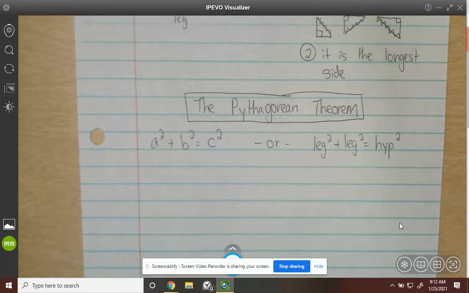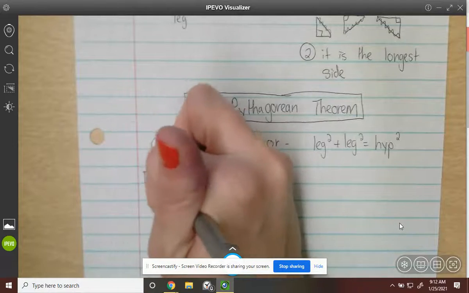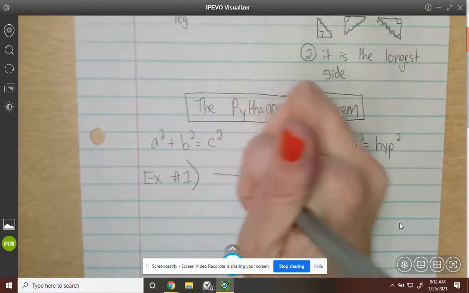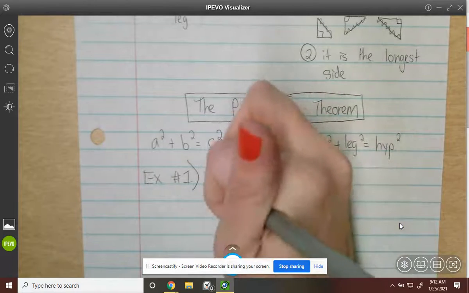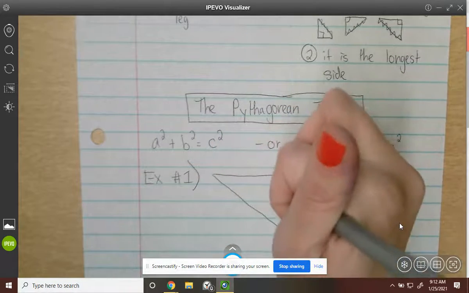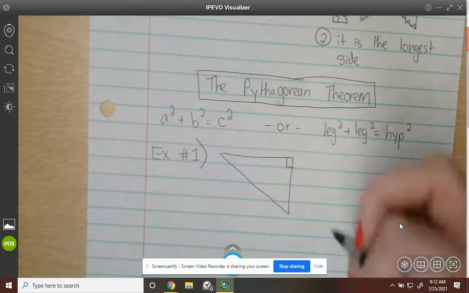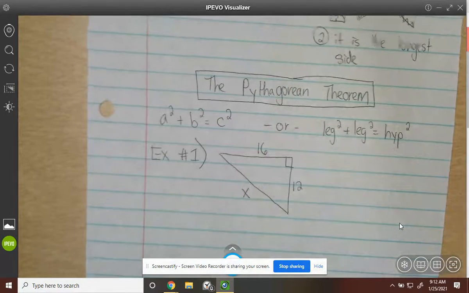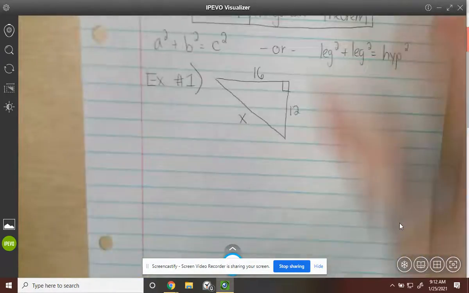Okay, so let's just jump right in here. Example number 1. You definitely need a calculator if you don't have one. We have 12, 16, and x, and we're finding the length of the missing side.